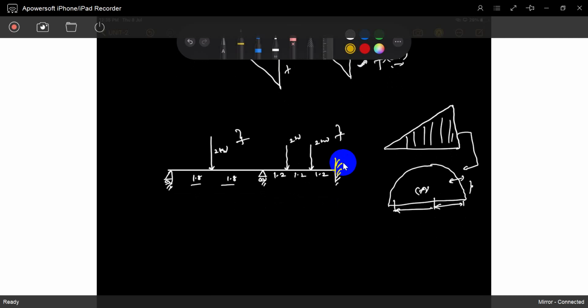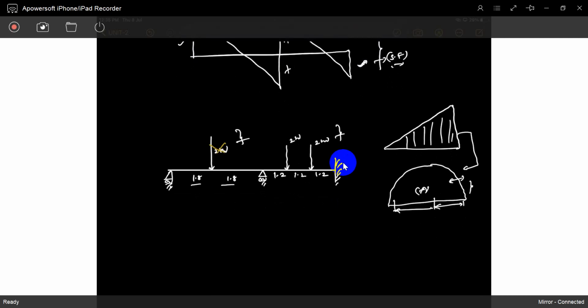Just take a parabolic loading, a uniformly distributed 2 kilonewton per meter. Okay, solve it.